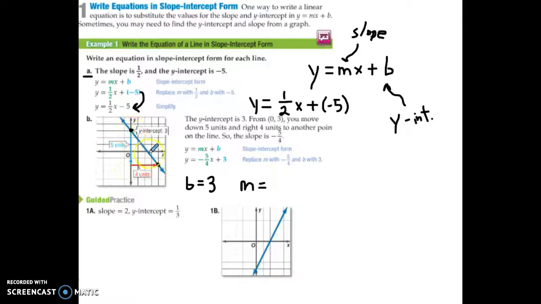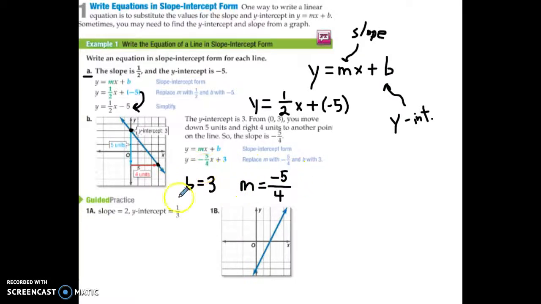From left to right, going from this point to this point, I went down 5, so that's a -5, and I went over to the right 4, so +4. There's my slope. I just have to count from one point to the other. Down 5, so -5, to the right 4.